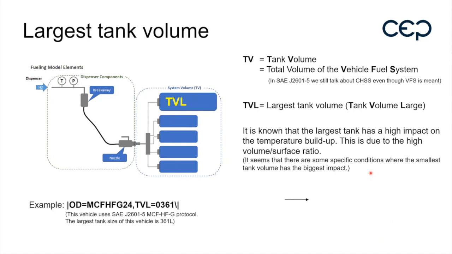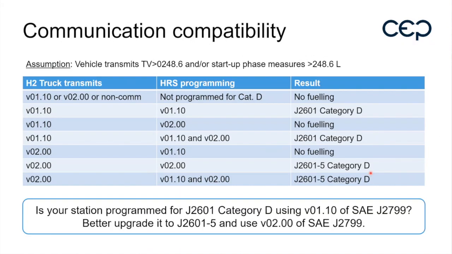So here, this is just a repetition to explain that the largest tank size, due to the high volume to surface ratio, is going to overheat more easily than smaller tanks. Now, concerning compatibility, as an example, I assume that the vehicle transmits that the total tank size is larger than 250 liters.